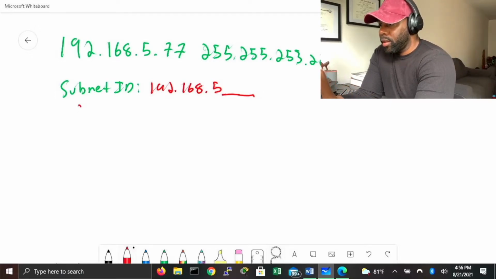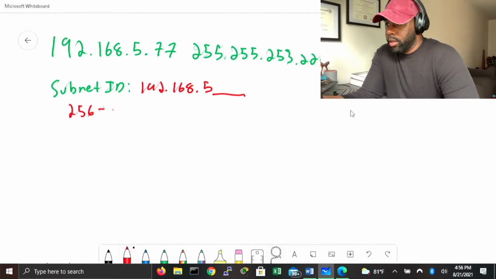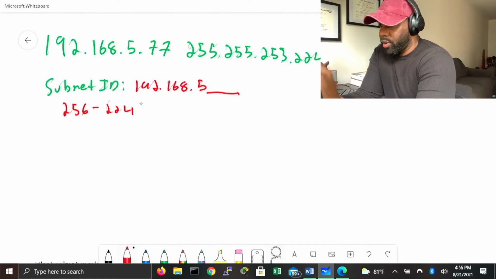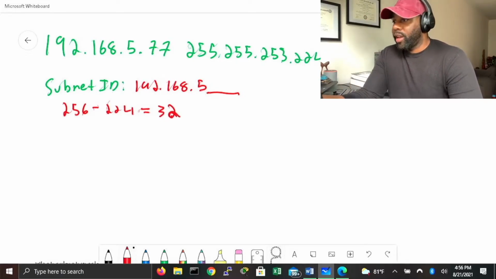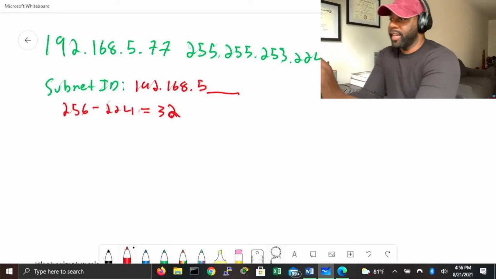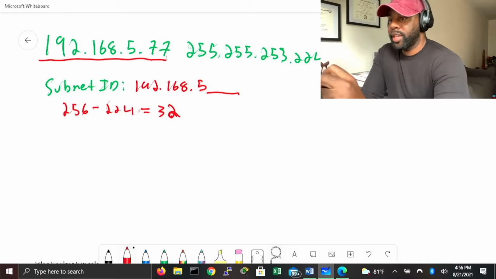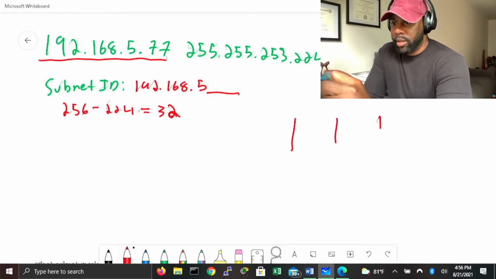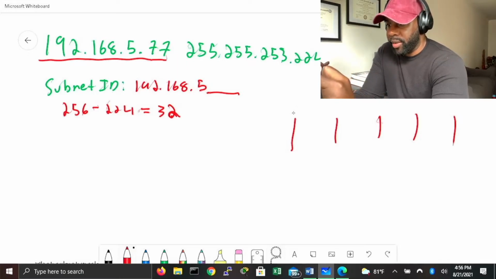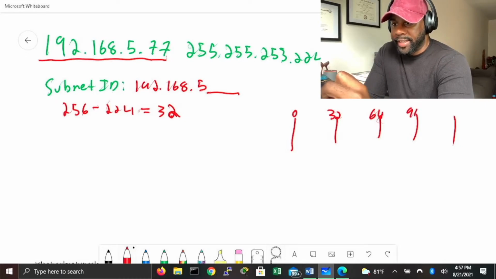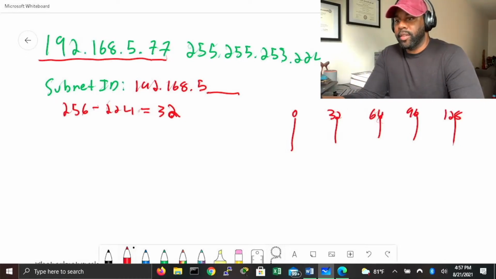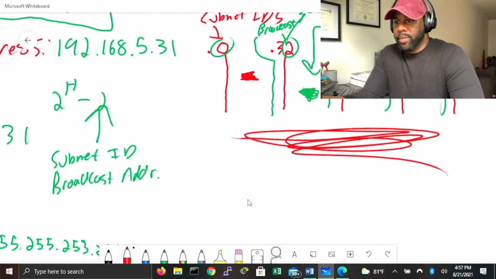We know the magic number is going to be 256 minus 224, which is equal to 32. So we want to know where this IP address falls in our nice little subnet structure picture. We've got 0, 32, 64, 96, 128, similar to that little picture right there.